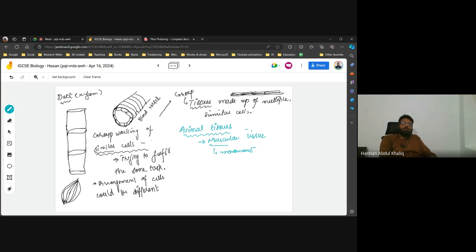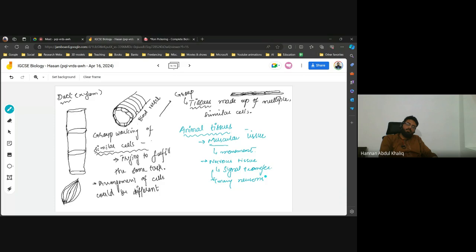The second type of tissue that you would find in the animal kingdom is the nervous tissue, or neurons or nerves, in which signal transfer is the basic task. Signal is transferred. Nervous tissue means that you would find many neurons.